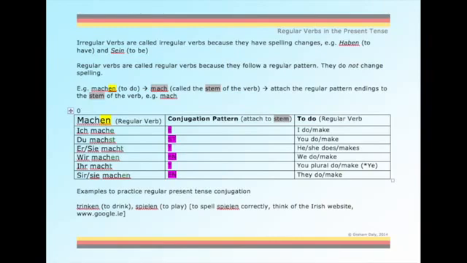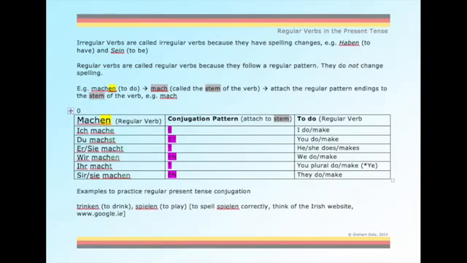So underline E so that you can see it in your copybook clearly. The next one is du machst. M-A-C-H followed by S-T. And underline S-T.